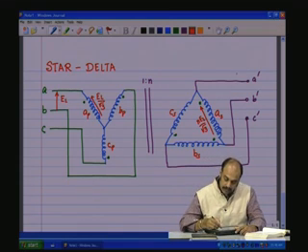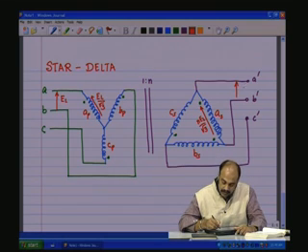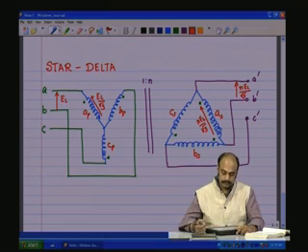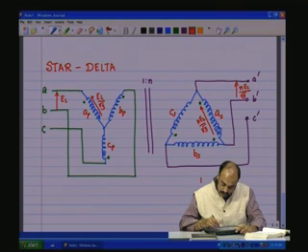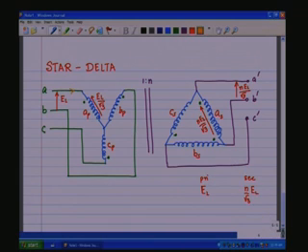Now, that is also the line voltage that comes across the terminals, which is n EL by root 3. So, between primary and the secondary, if you apply EL, what you get here is n by root 3 EL.